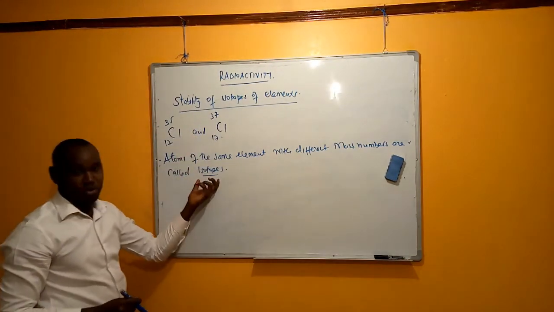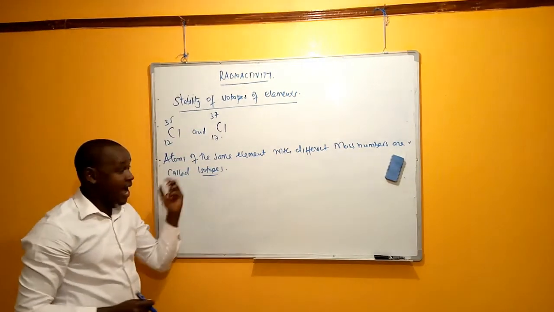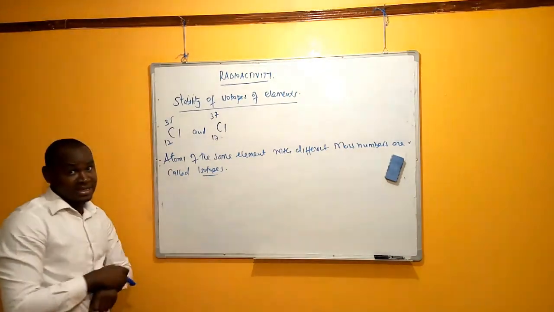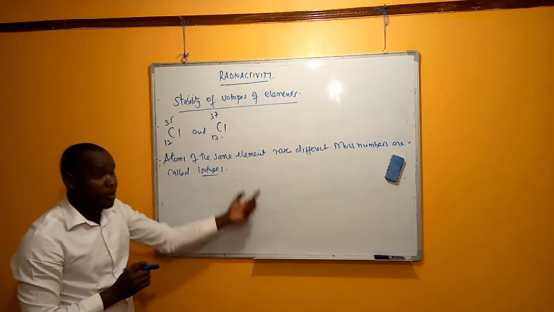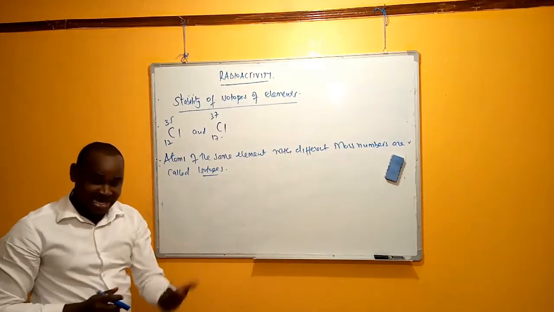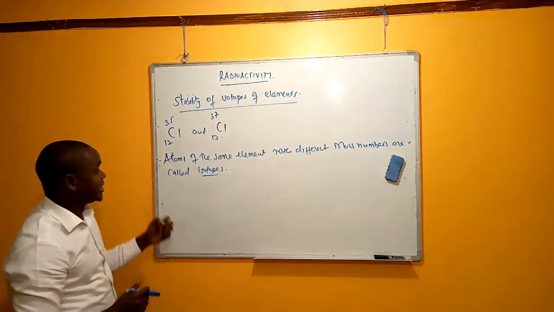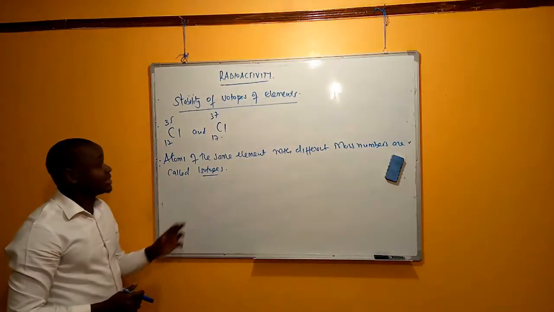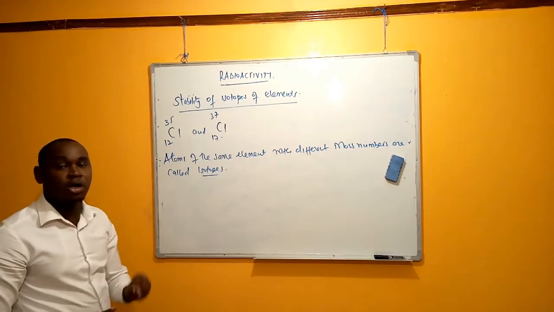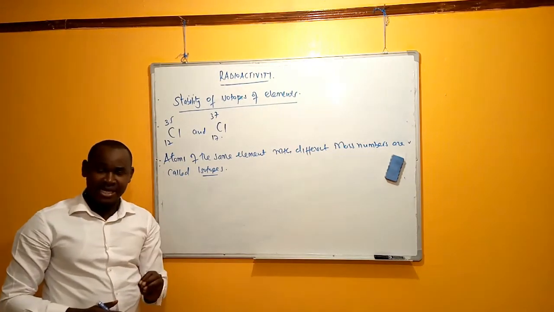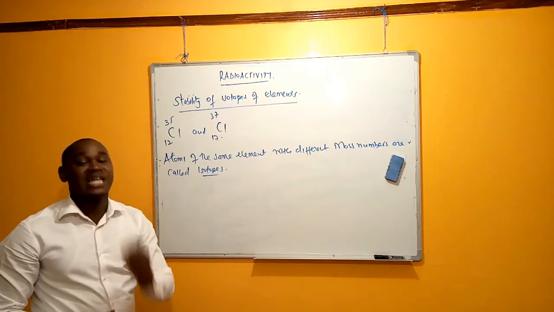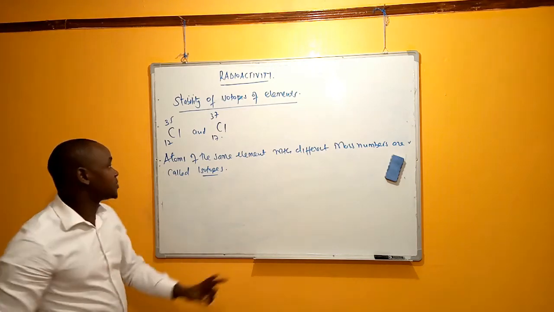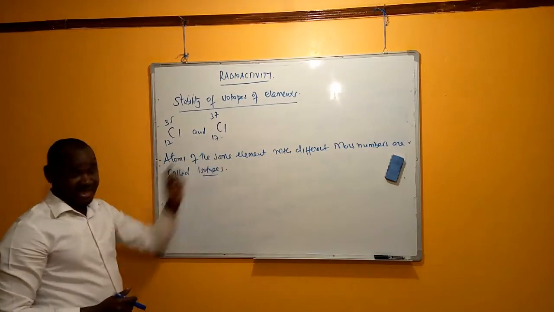These are called isotopes. And you come to realize that some isotopes are more abundant than others. When I say more abundant than others, what do I mean? Take for instance naturally occurring chlorine. Obviously, you expect that naturally occurring chlorine has the two isotopes, chlorine-35 and chlorine-37.